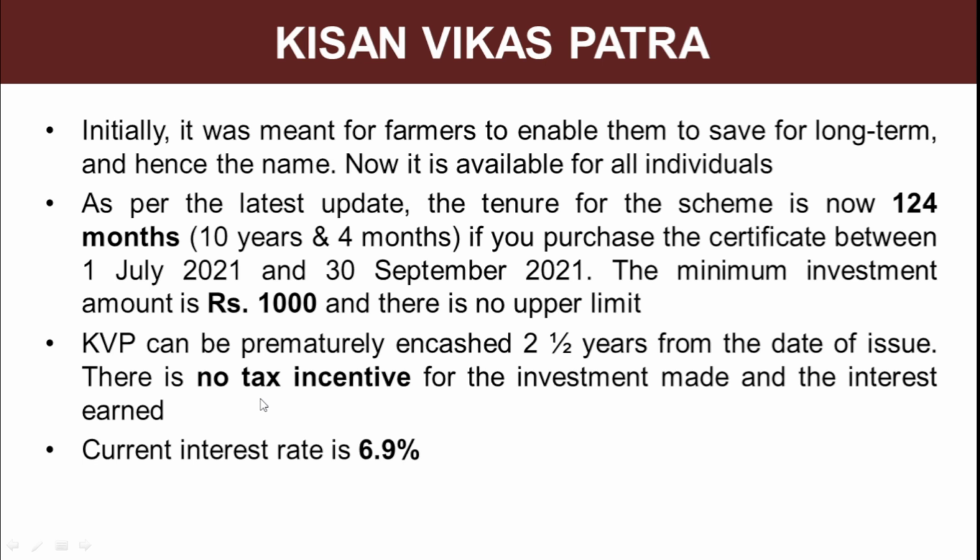Write down which schemes were eligible for tax deductions and which schemes are not eligible, so that if you get a question asking which scheme out of all the options is not eligible for tax deduction, you can choose the correct one. The current interest rate is 6.9%.